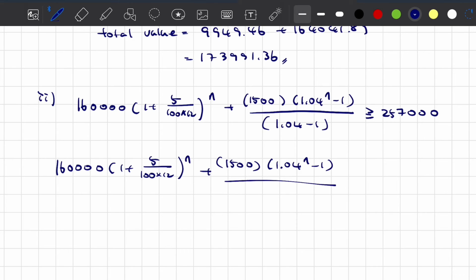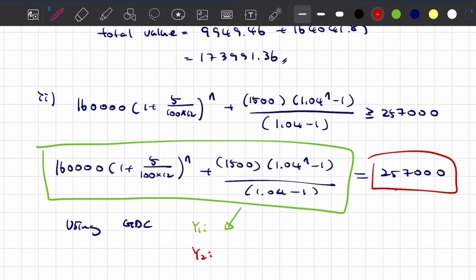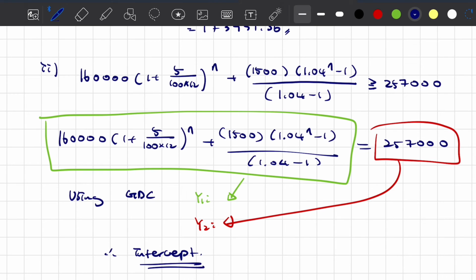So you can set them equal to each other first. After that, using your GDC, you can plug in the first part of the equation as your y1 and this value as your y2 and find the intersection between these two. When you find the intersection, you will get the x value approximately equal to 28.44, and this is actually your months.